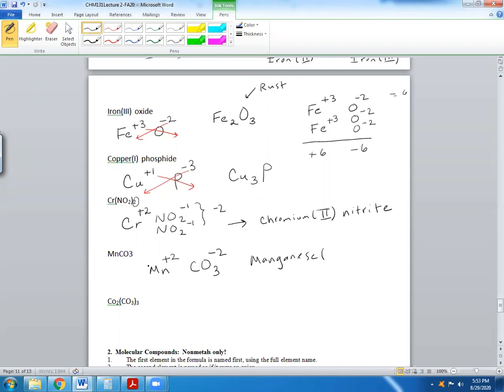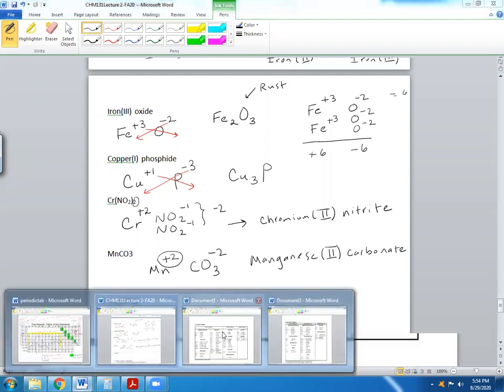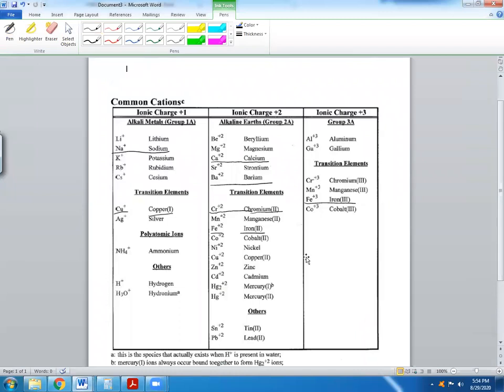Manganese 2, Roman numeral 2, carbonate. So here's manganese 2.